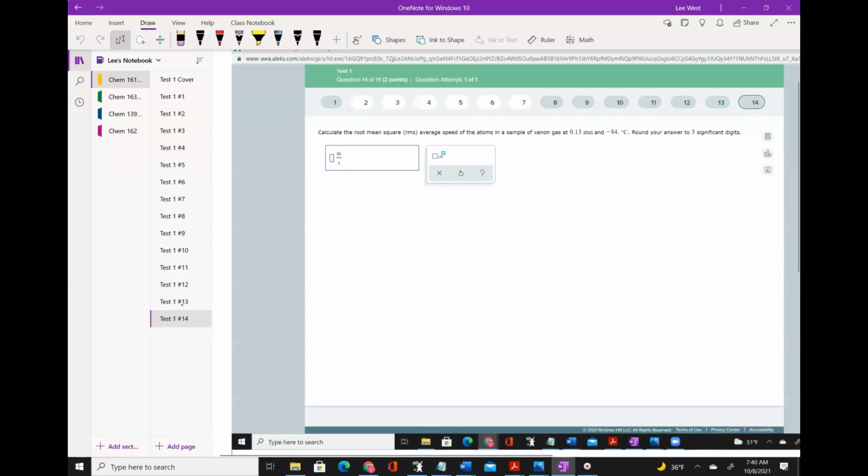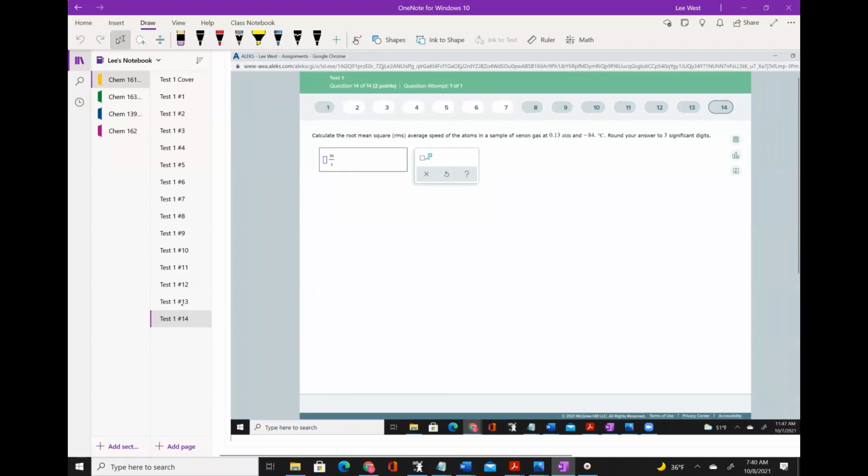Alright, now we're on to calculating the root mean squared speed of atoms in a sample of gas at a particular temperature. This is just going to be a plug and chug type thing, but we do need to remember the formula.